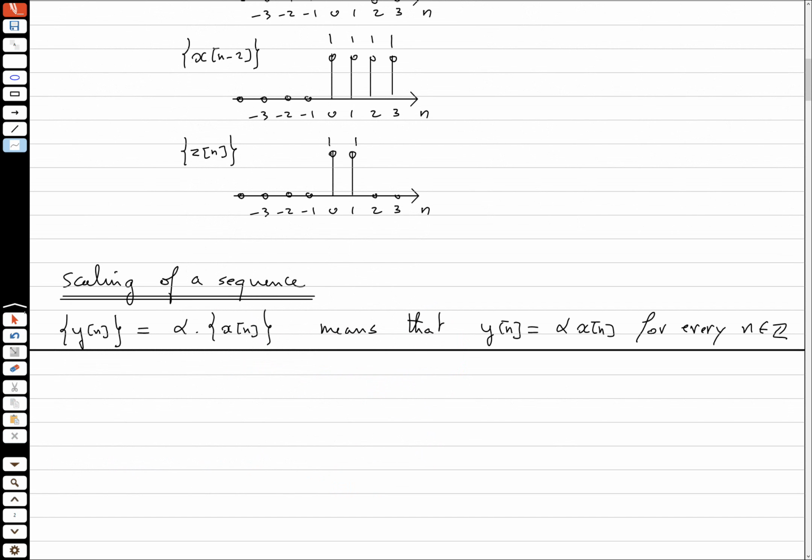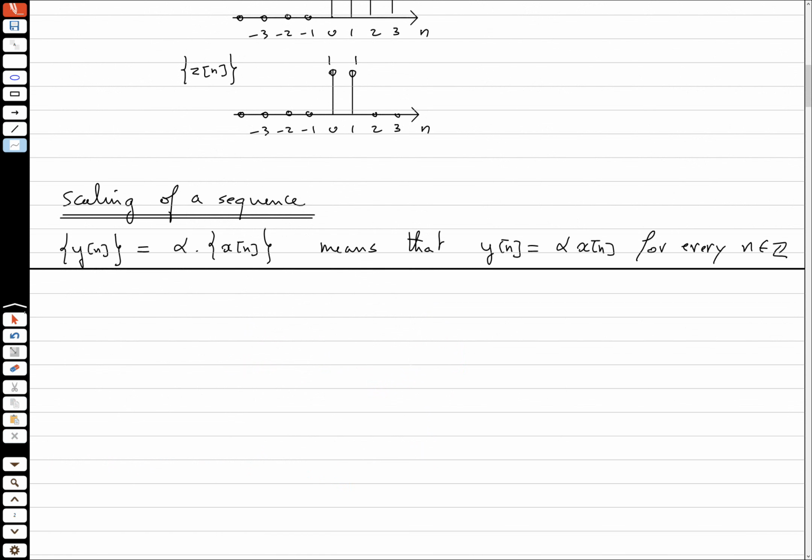Okay, no difficulty, right? Now there's something I forgot to teach last time, a constant sequence. That is best located in the previous lecture.